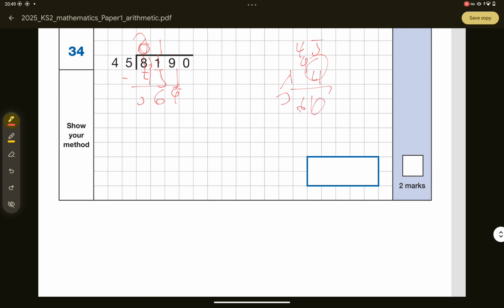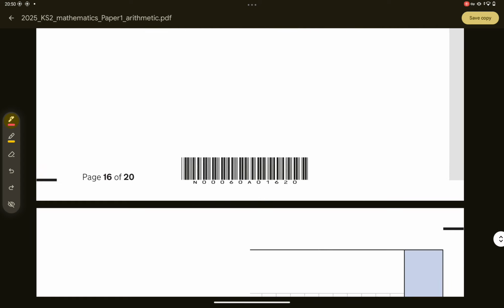So yeah. That is 2, 8. 360 equals 9. And then bring down the 0, which equals 2. So the answer would be 182. I hope you guys are understanding.